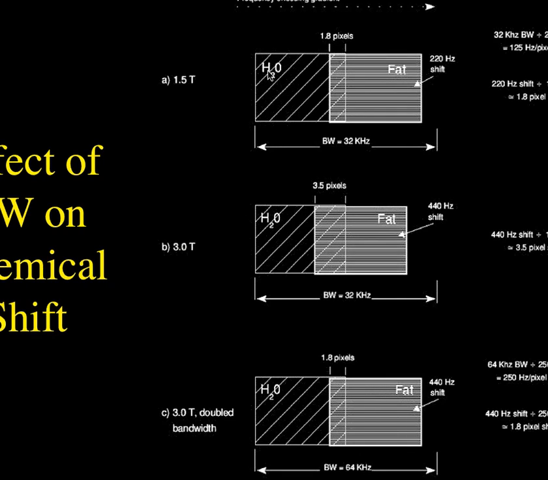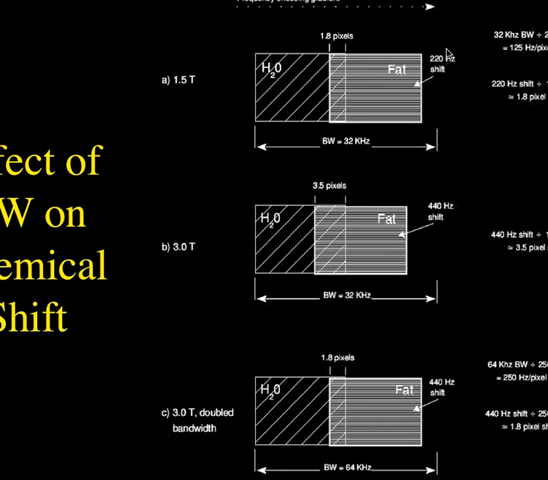If you have a beaker of water next to a beaker of fat, and we do an image, and we use a bandwidth of 32 kilohertz across the image, what you see, if the frequency encoded direction is right to left, is that even though the two beakers don't overlap, the fat is going to be shifted to the left, and so it's going to look like the two overlap.